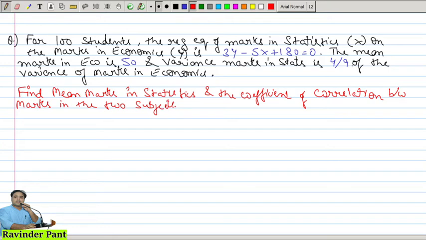So I could have written this question in smaller form, in shortcut form, but I wanted to write it in a problem form so that you can derive the values out of this equation.